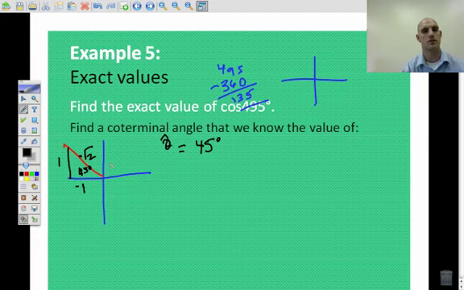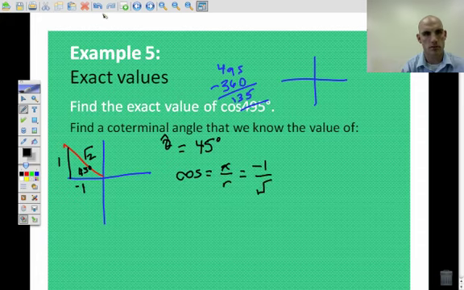Got to be negative because we're all in the second quadrant. Okay? Actually, that's not negative. You should have told me that because that's r. Okay? So now, cosine is x over r, which is negative 1 over square root 2. Worst square root ever. I know it.